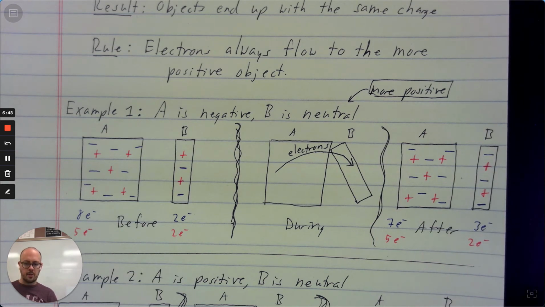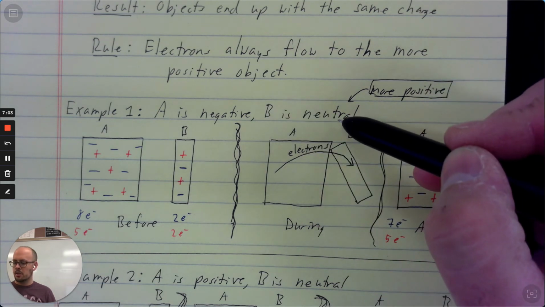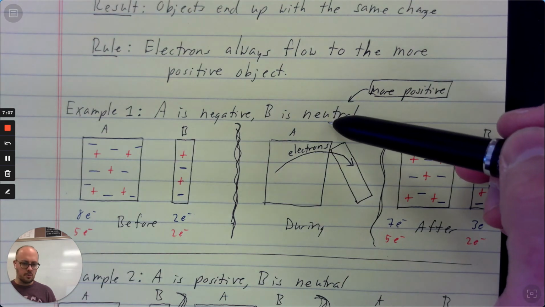And so B now has charge. Now, we're not going to do too much drawing in this unit, but I wanted to do it here so you could see some of the decisions we make. What's important is knowing that once you know that A is negative and B is neutral, you know the electrons are going to move from the negative object into the neutral object.